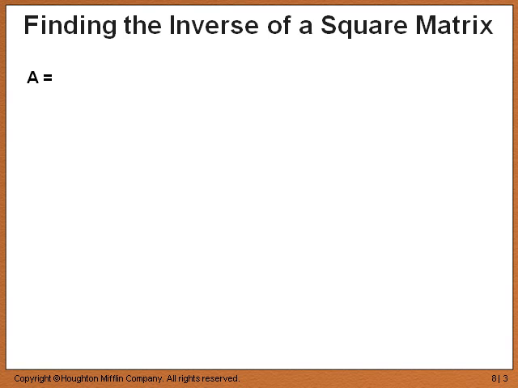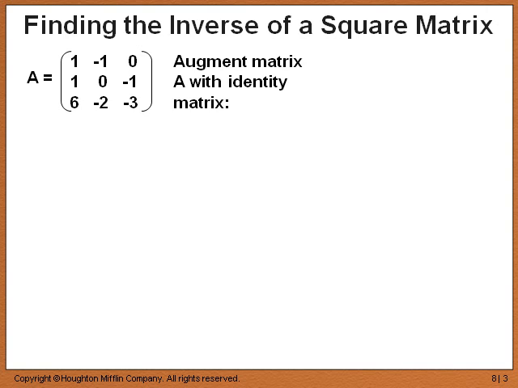All right, so let's say that you're given the matrix A, 1, negative 1, 0, 1, 0, negative 1, 6, negative 2, negative 3. And you want to find the inverse. Well, what you first do is augment matrix A with the identity matrix. What does that mean exactly?